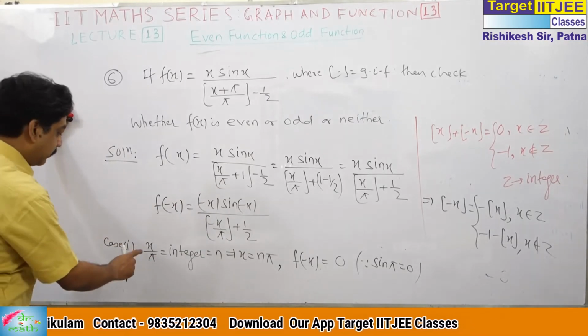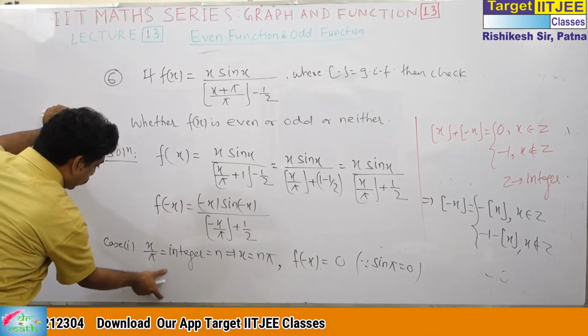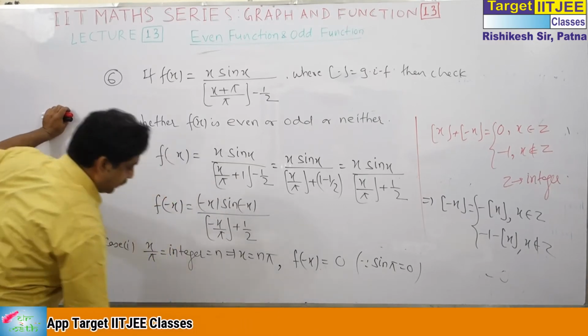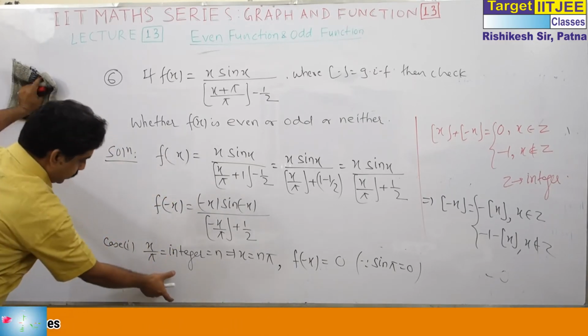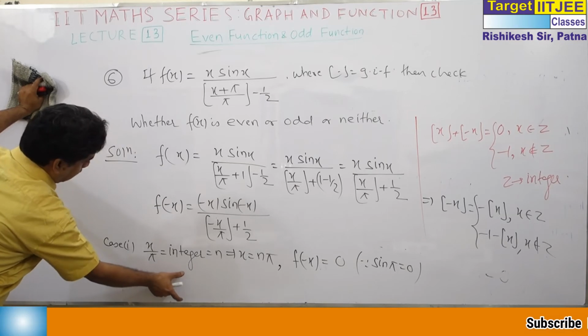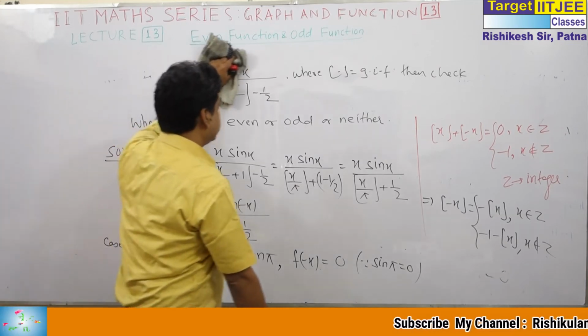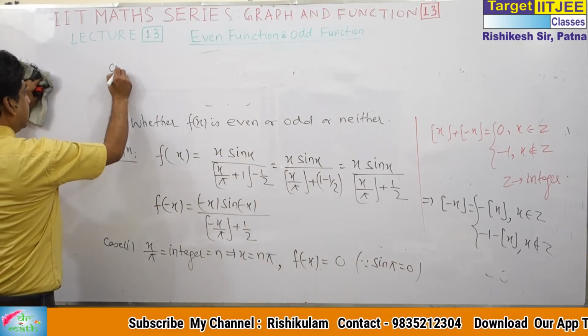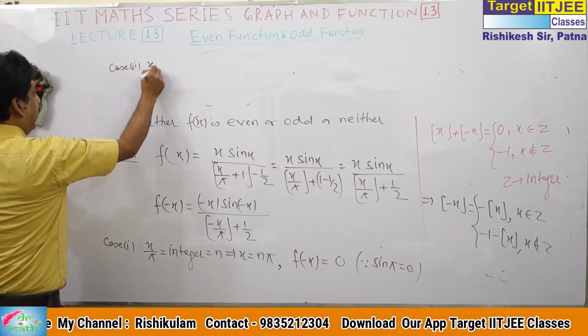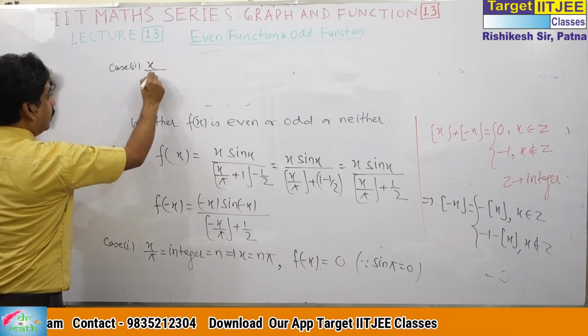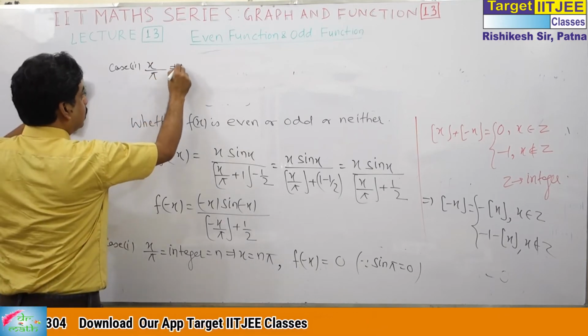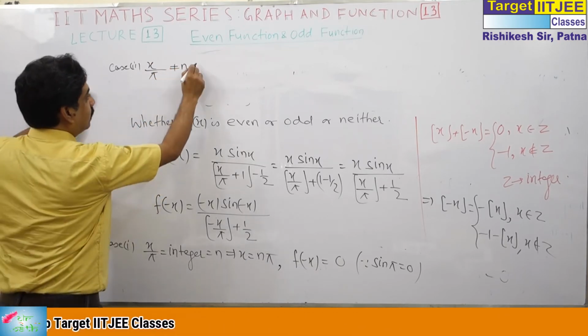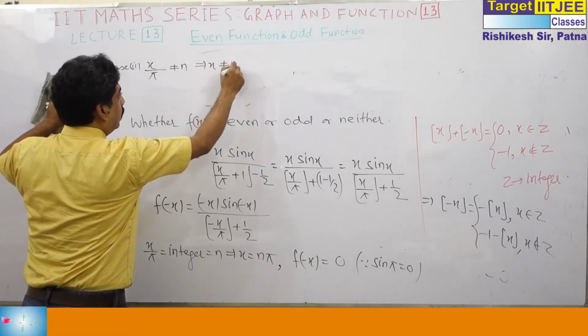Now, come to the second part. So first let me write what happens when x by pi is not an integer, meaning x is not equal to n pi.